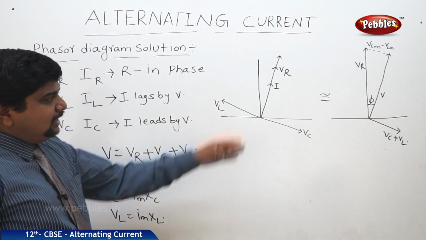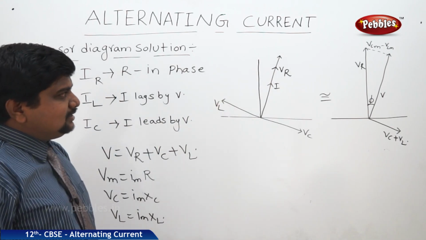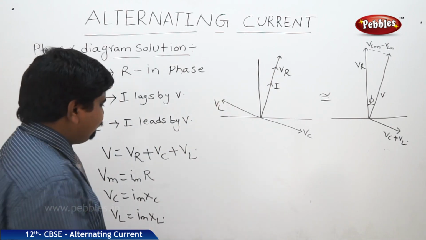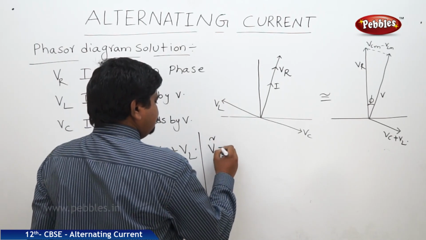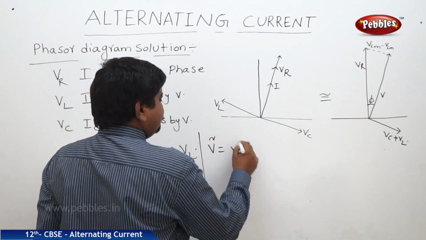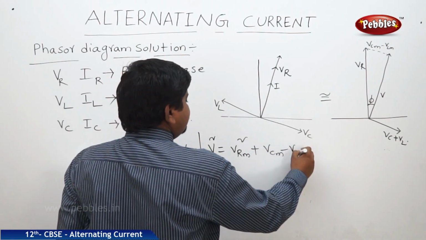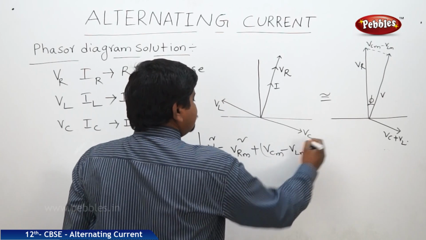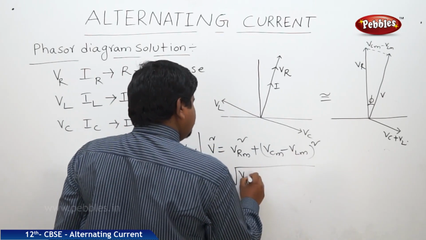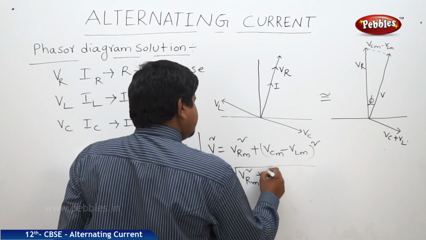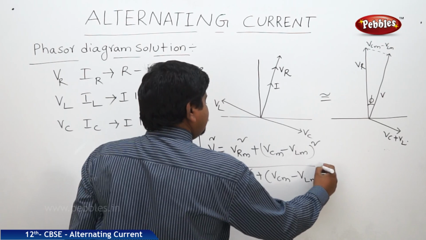Now we are going to find VRM square plus VCM minus VLM whole square. Therefore, V is equal to under root VRM square plus VCM minus VLM whole square.